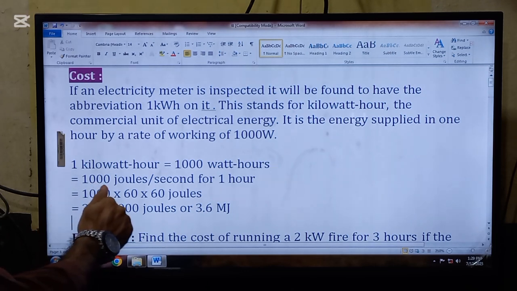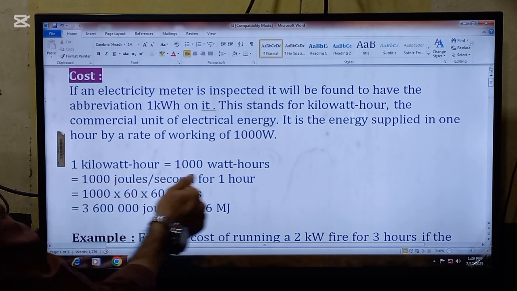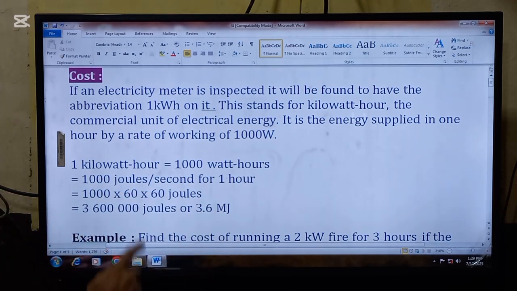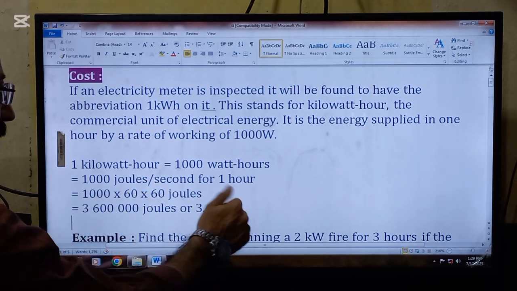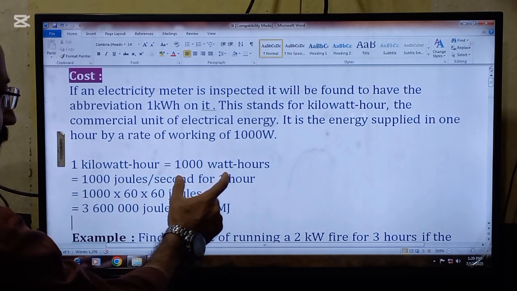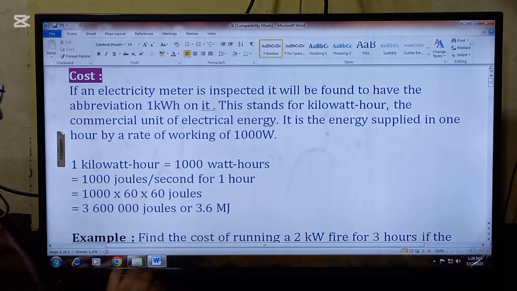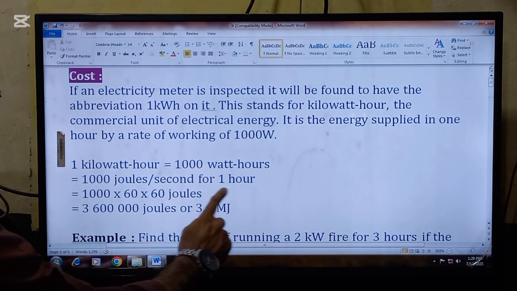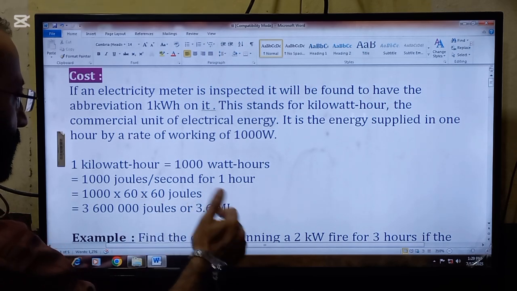So 1 kilowatt hour is equal to, kilo stands for 1000, so it will be 1000 watt hour. Furthermore, it is 1000 joule per second for 1 hour. Now this 1 hour is going to be converted into seconds.